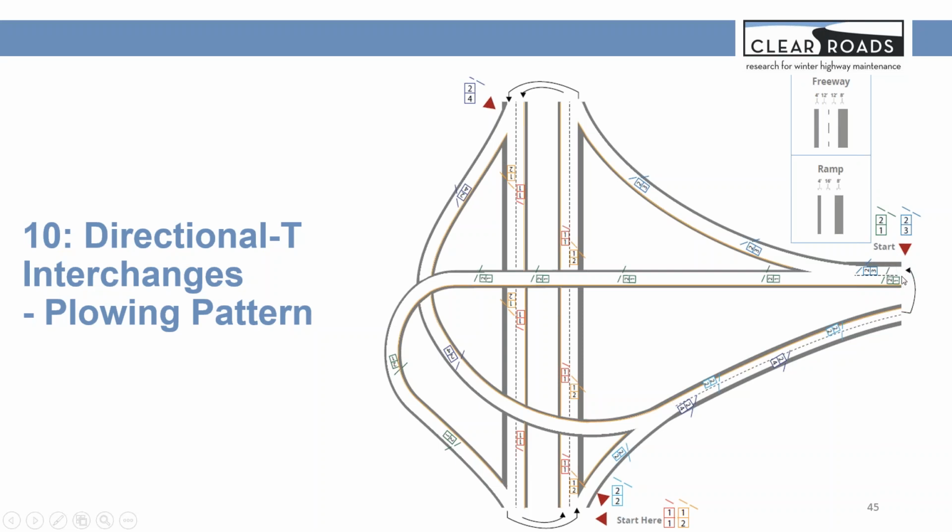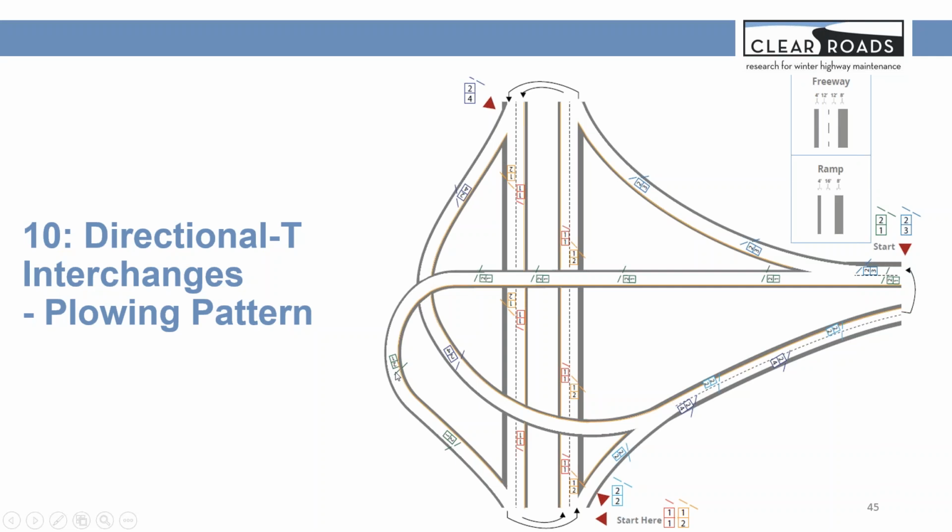it will use the front and right wing plow, push snow to the right and clear these inner lines, and then continue to proceed onto the on-ramp. Continue to use the front plow and right wing plow to push snow to the right. When the truck enters the elevated curve part, we can see there's a switch of the plow.